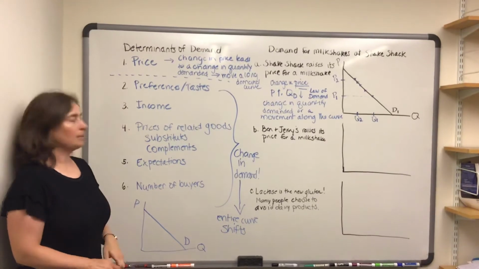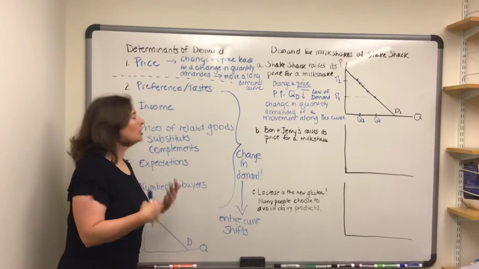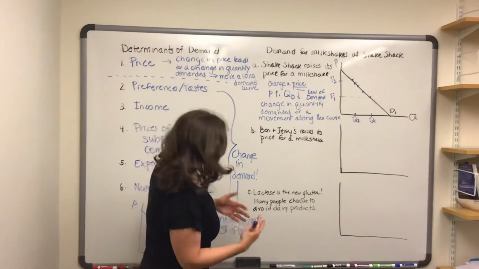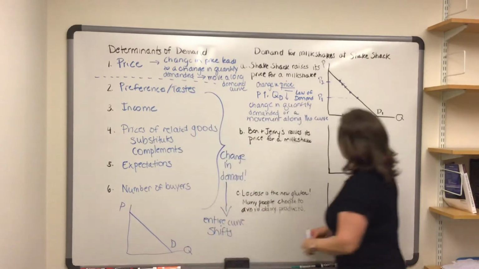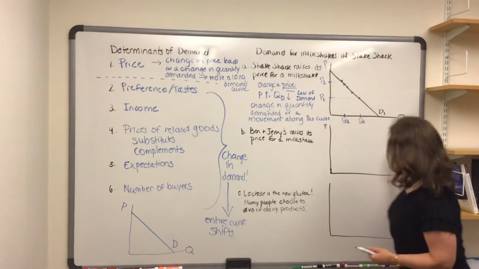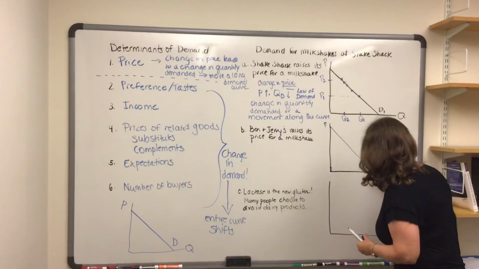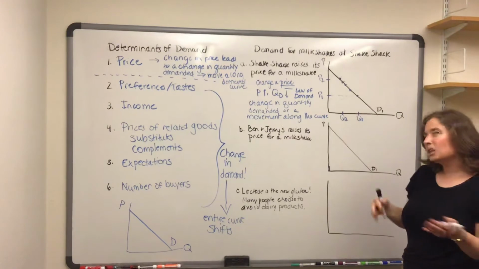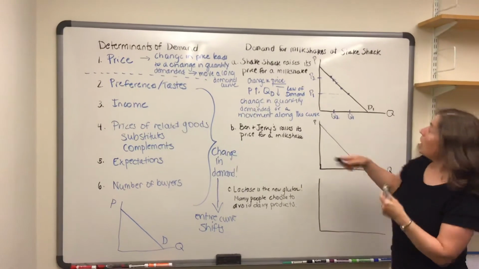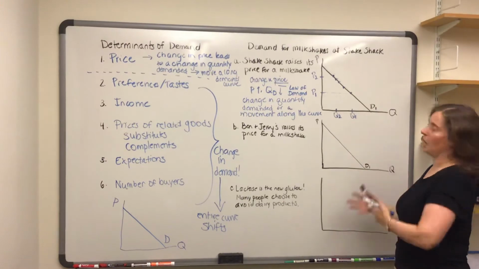My second example: Ben & Jerry's, an alternative ice cream establishment, raises its price for a milkshake. So as we did before, I'm going to label my axes and draw an initial demand curve, which I'll call D1. Now we don't know anything about the specific price of milkshakes at Shake Shack, and we don't need to in this type of analysis.